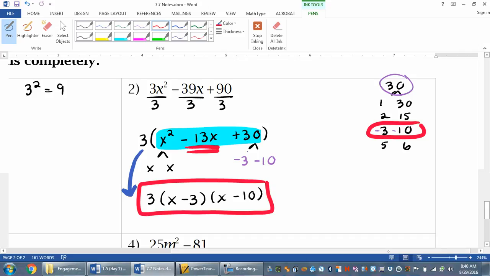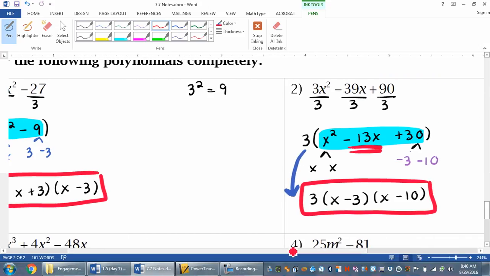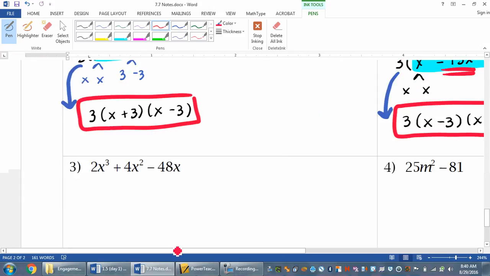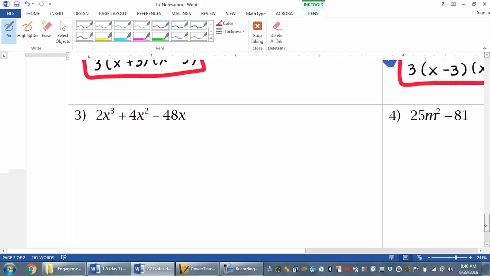All right, let's move on to example number 3. Again, no matter what, you always check for a GCF first. You should recognize that in number 3, all three of them are divisible by 2, but since they all have an x, remember you always choose the smaller exponent between 3, 2, and 1, it's an x.